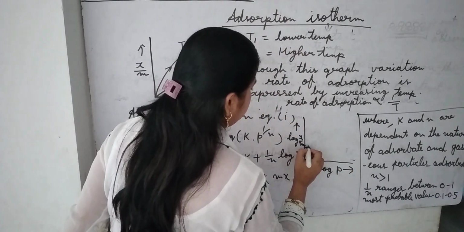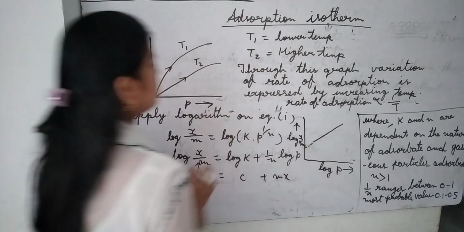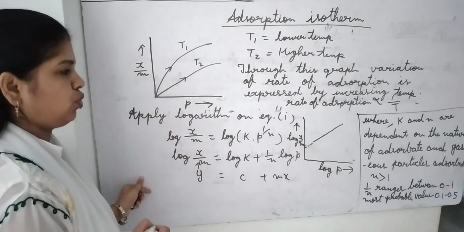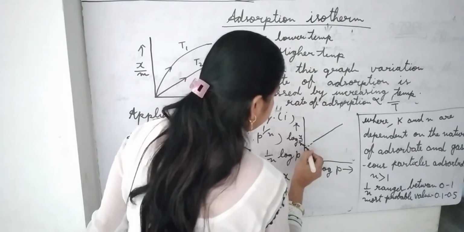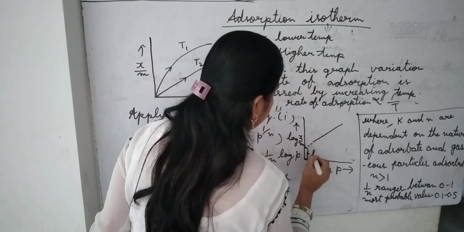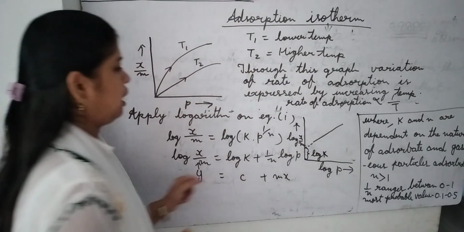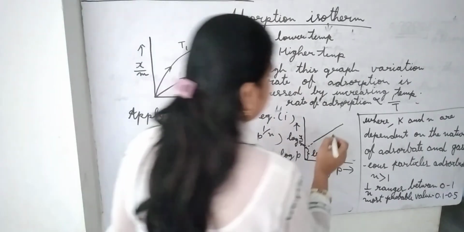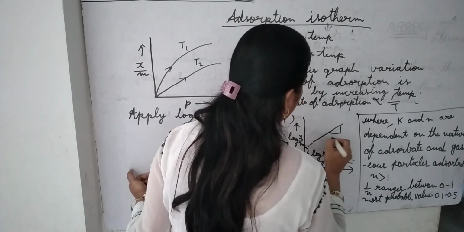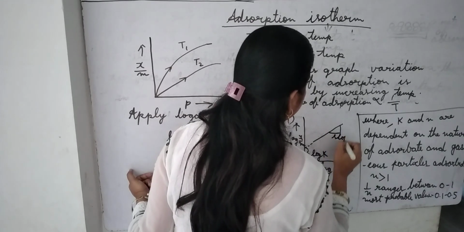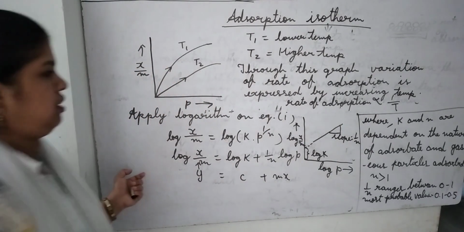And we are getting this graph which is explained experimentally also. So intercept is log k and slope is 1 by n. On the tangent here, slope is equal to 1 by n.